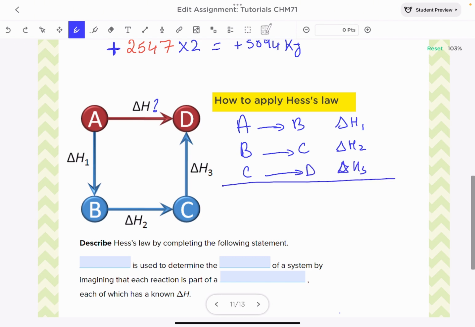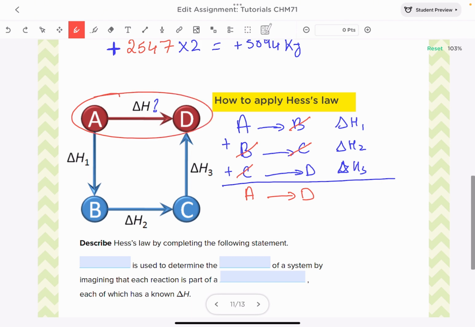If you added those equations, you will see that the B's cancel out because they are not on the same side. One is product, one is reactant, so they cancel out. Same thing for the C, they cancel out. So we will remain with A to D.